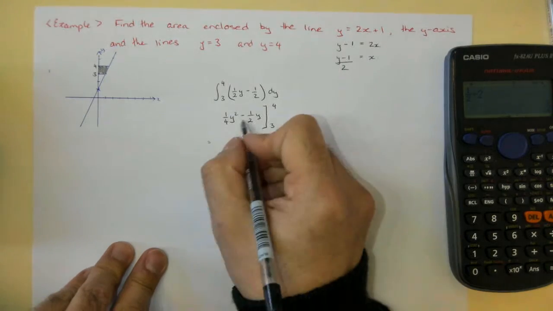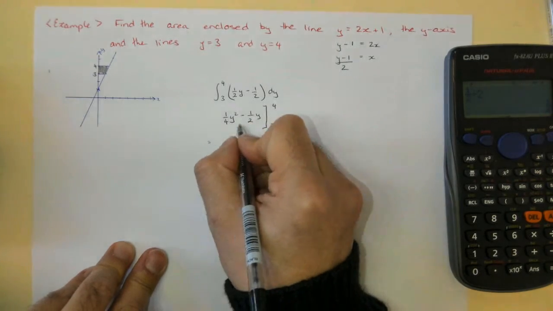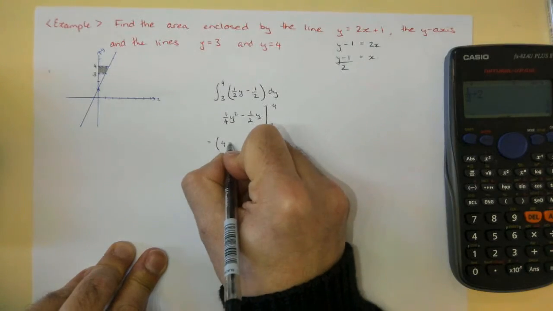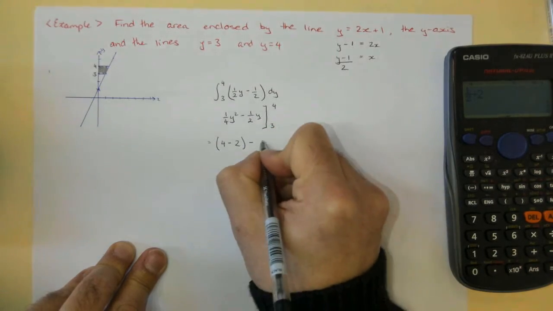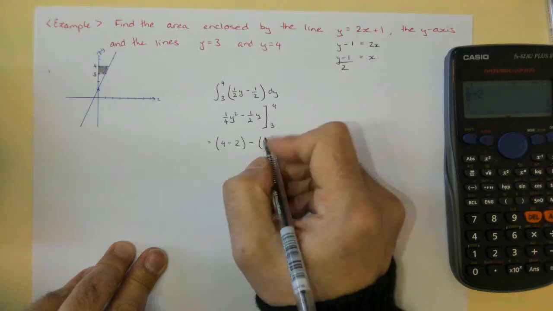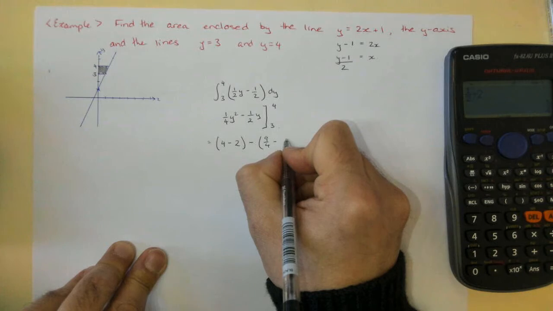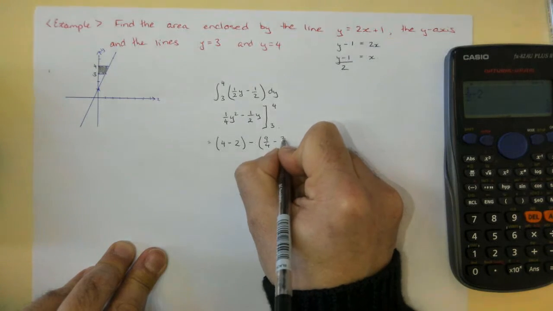Okay, so 4 squared is 16. 16 divided by 4 is 4. And a half of 4 is 2. And so 3 squared, that's going to be 9 over 4 minus 3 over 2, 1.5.